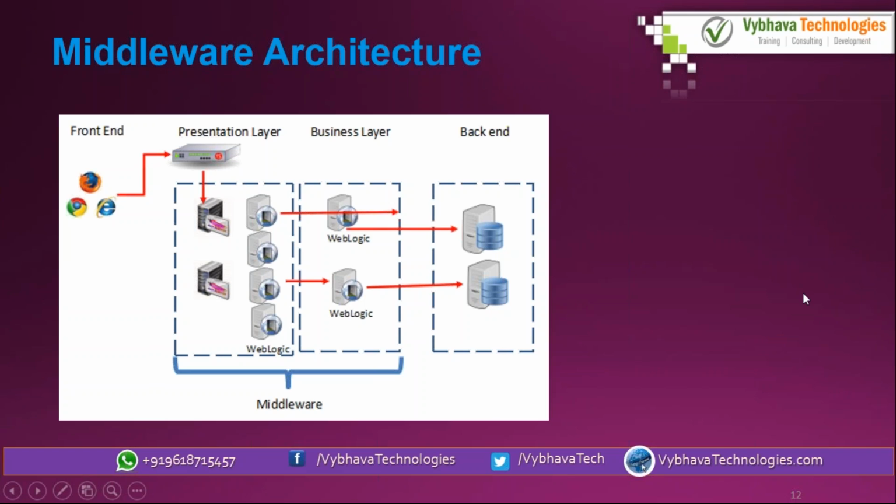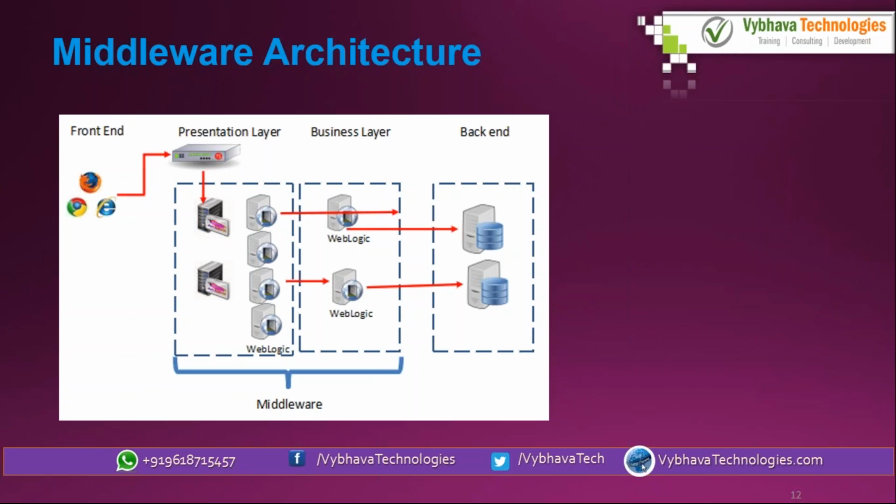Okay, thanks. So in the presentation layer we have the load balancer that connects, and then the HTTP request is passed to the backend web servers. Web servers are nothing but HTTP servers.